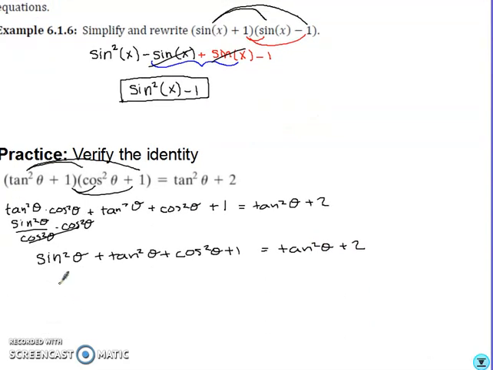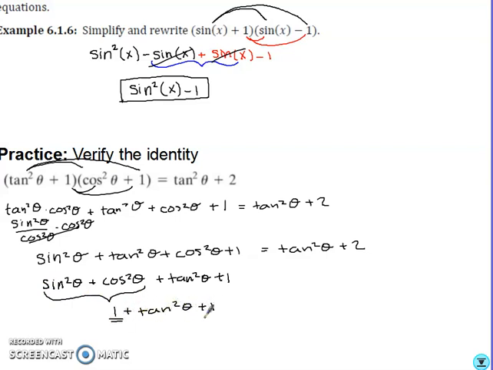Well, now here I do see a sine squared of theta and a cosine squared of theta, so I can use my commutative property to rewrite this and put those together, and use my Pythagorean identity to say that this is just 1. And then I can simplify by combining like terms to get tangent squared of theta plus 2, which is in fact equivalent to that right-hand side, tangent squared theta plus 2. So I was able to manipulate only that left-hand side to show that it is equivalent to the right-hand side of my identity.